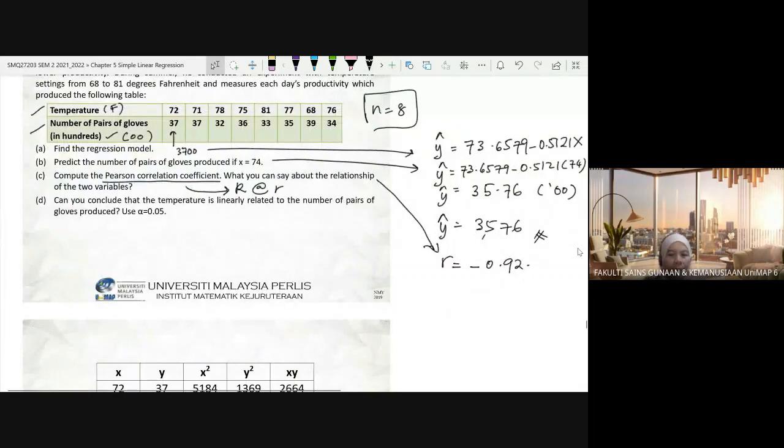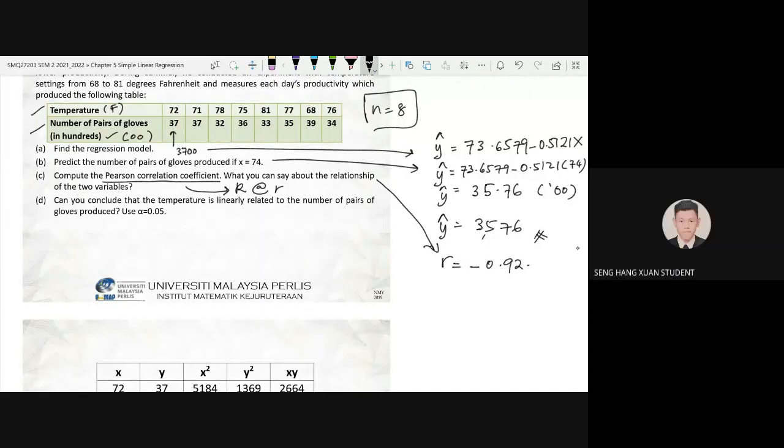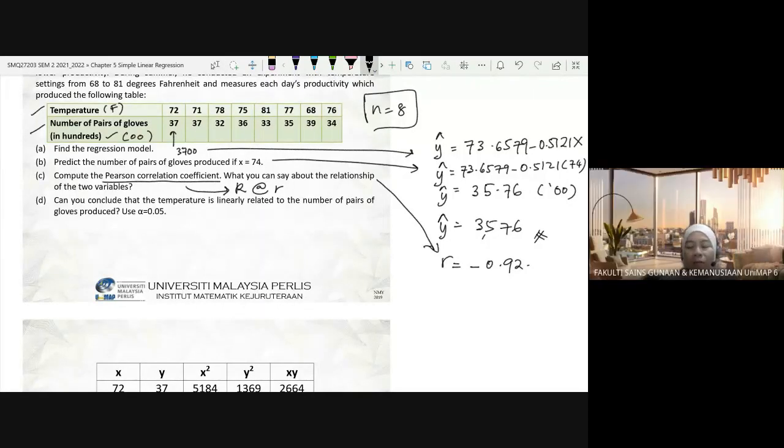Can someone answer me, class? You know it has a negative relationship, and is it a strong or weak relationship, class? Strong. Strong, because the value is almost -1.